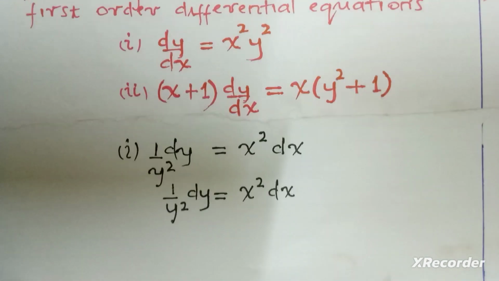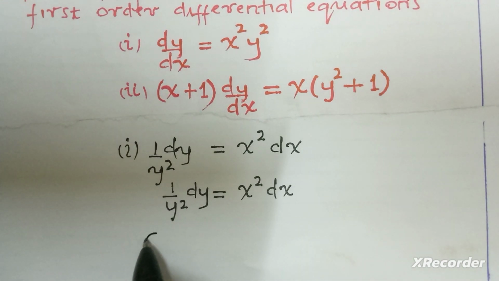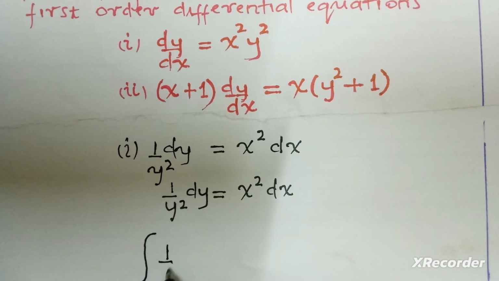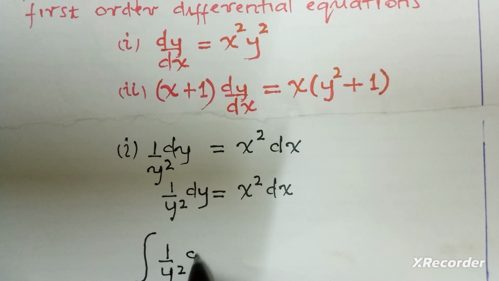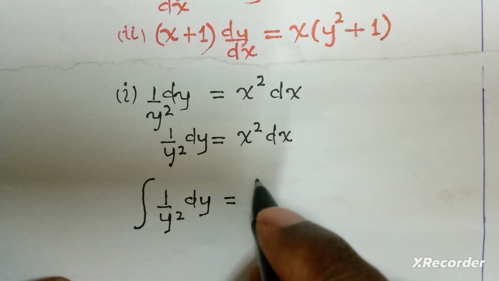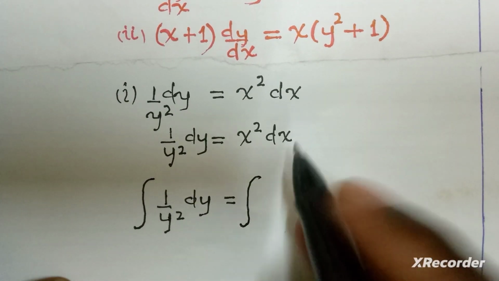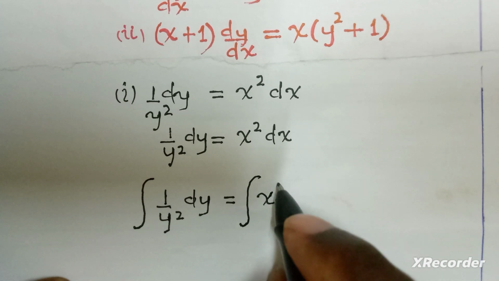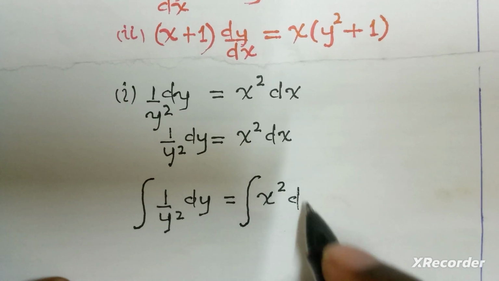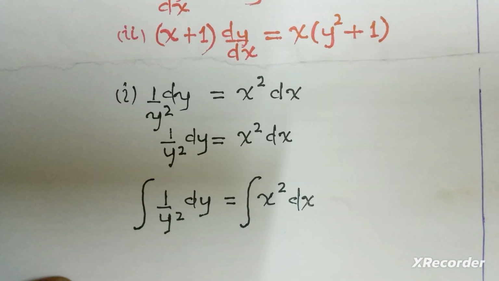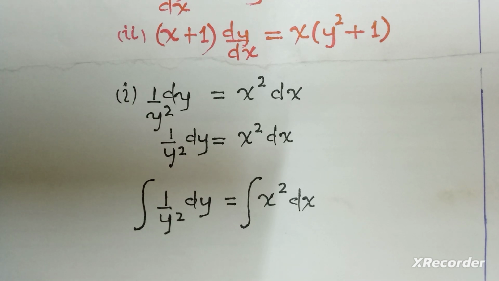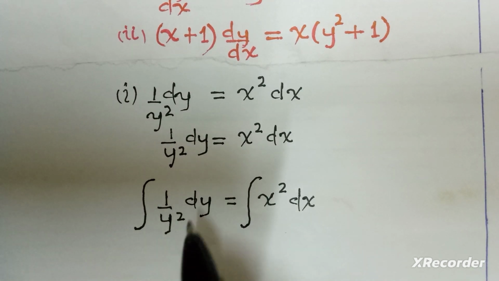I integrate that side, 1 over y squared dy, and you integrate this other side, x squared dx, like that. So when we integrate, guys, this is what we are going to get.